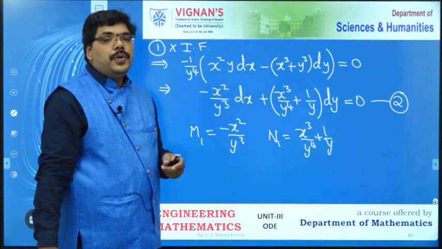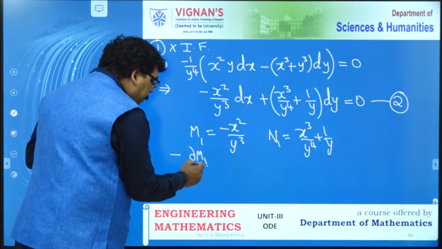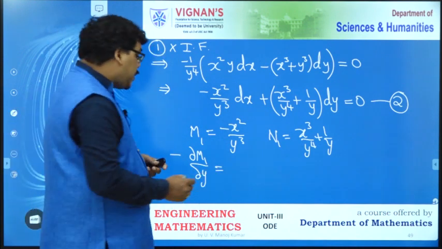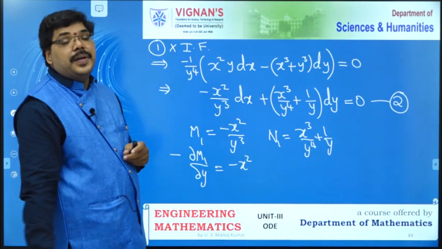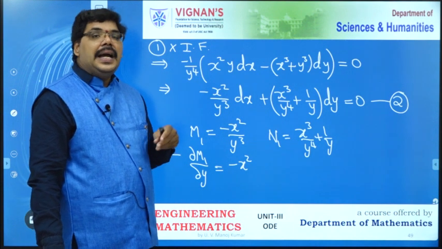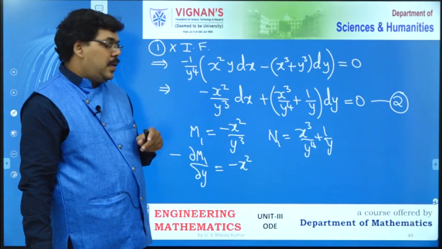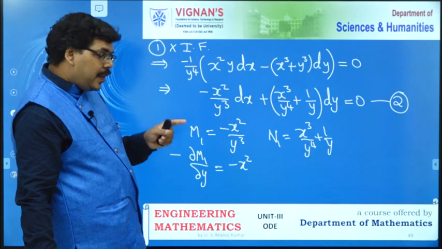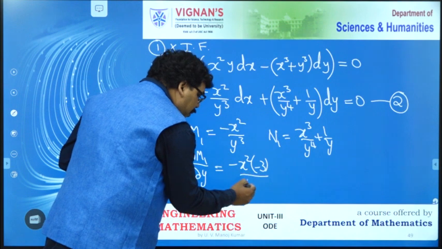So ∂M1/∂y. I am differentiating with respect to y, so minus x square is constant. What is the derivative of 1 by y cube? y power minus 3. What is the derivative of x power n? n into x power n minus 1. So the derivative of 1 by y cube is minus 3 divided by y power 4.